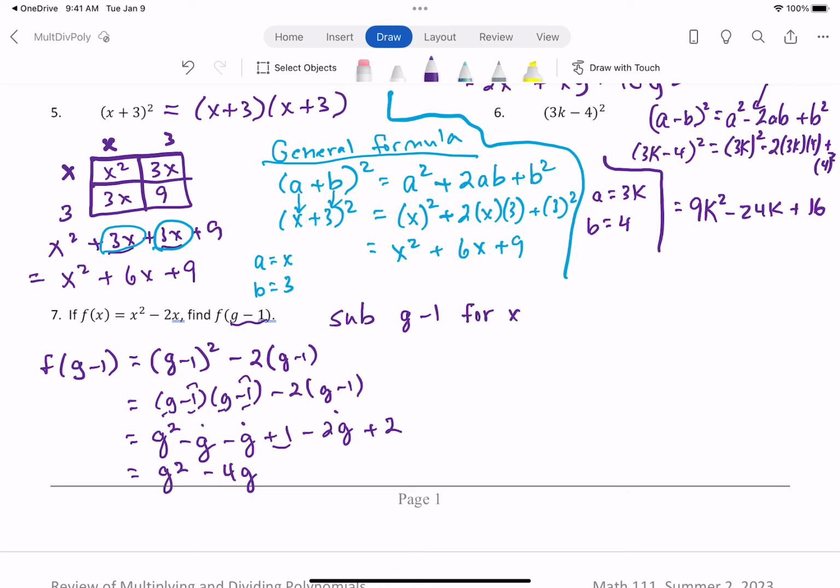And then we have 2 constants, positive 1 and positive 2, which gives me positive 3. So again, remember, if it asks you to give the answer in function notation, what that means is at the expression g minus 1, this polynomial gives me g squared minus 4g plus 3 would be the answer.